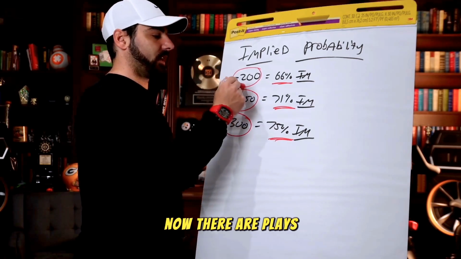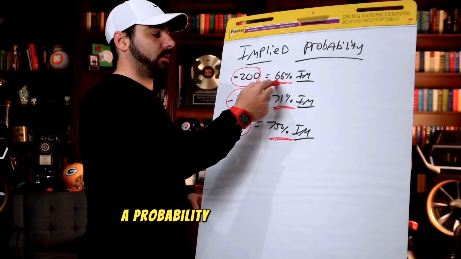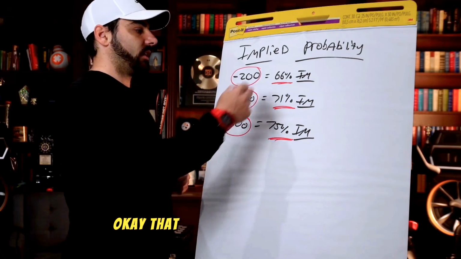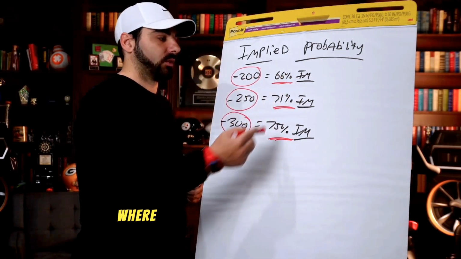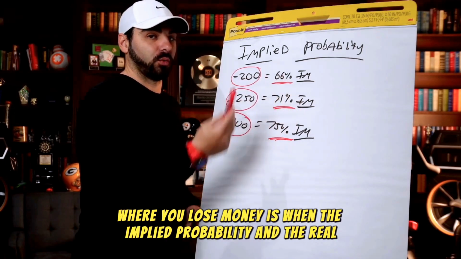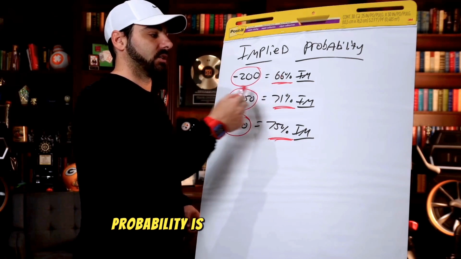Now there are plays that have a probability that's higher than their implied probability. That is where you make money. Where you lose money is when the real probability is lower than the implied probability.